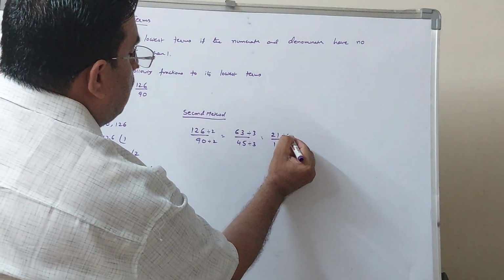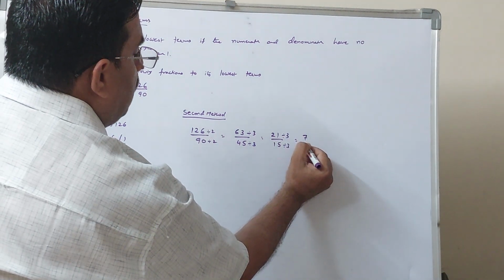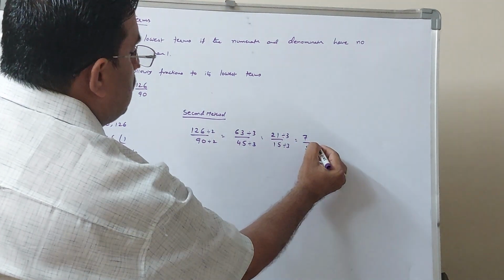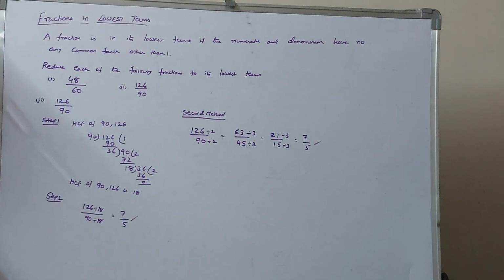Again dividing with 3, we get 21 by 15. Again dividing with 3, 3 sevens are 21, 3 fives are 15. So 7 by 5. So any method you can use for getting the result. This is the way of getting the fraction in its lowest terms.